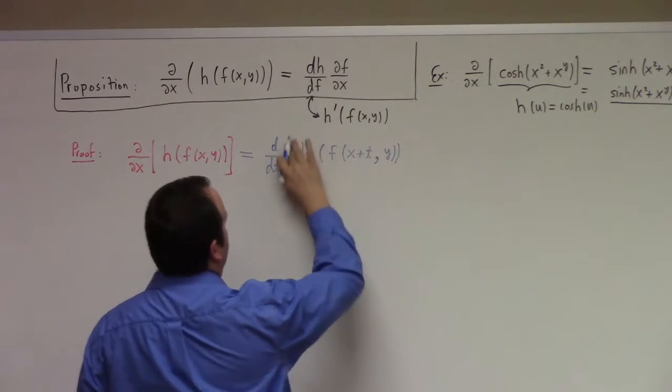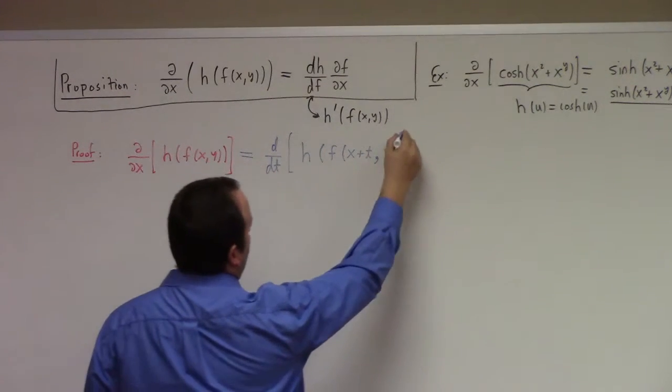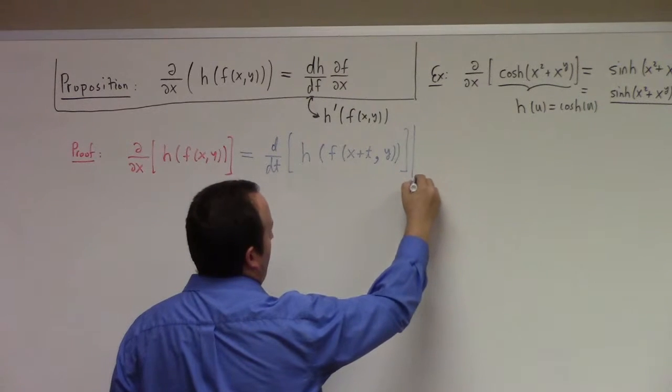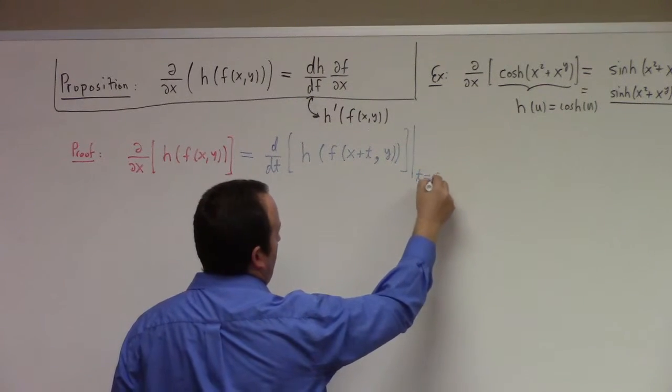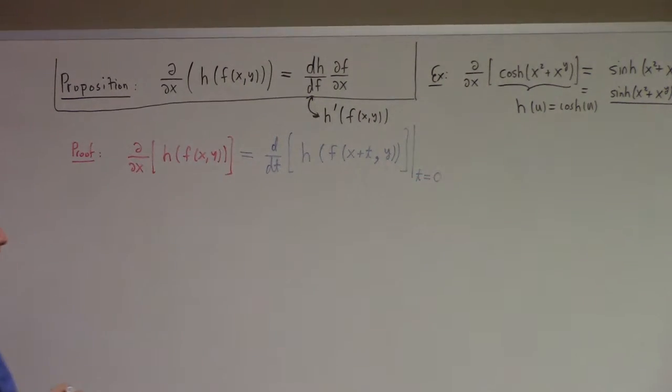And what do I do after the differentiation is done? I put t equals 0, right? So again, the definition of partial derivative is you vary the variable that the partial derivative is taken with respect to, in this case x, and you leave the other ones alone, right? Leave y constant. That's what I've done there.